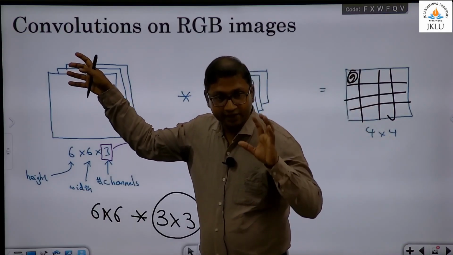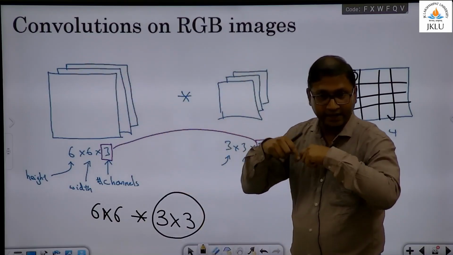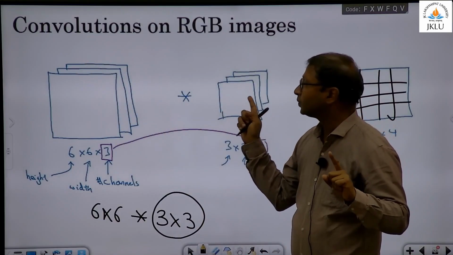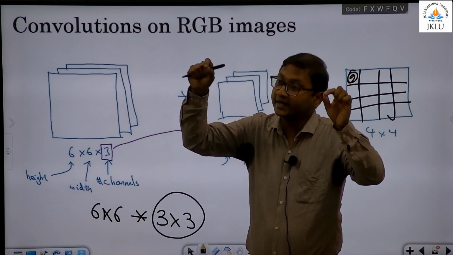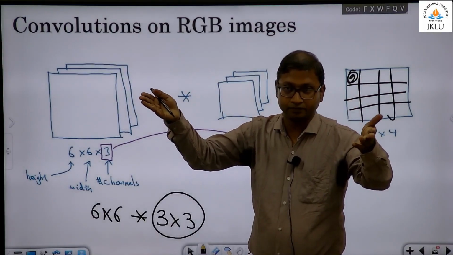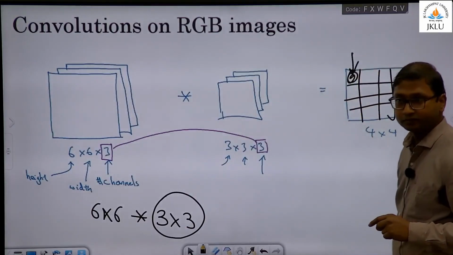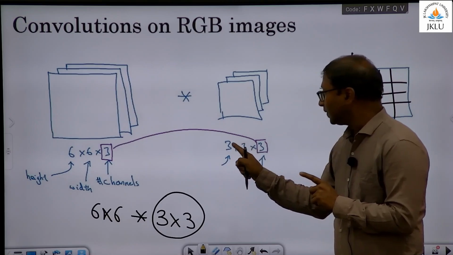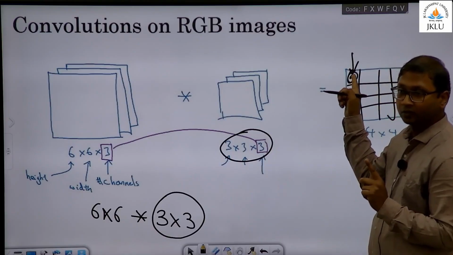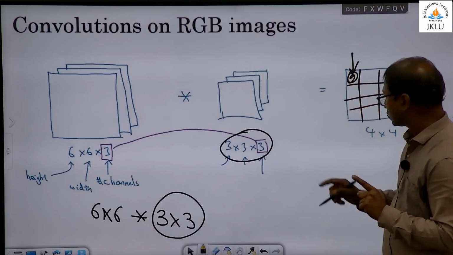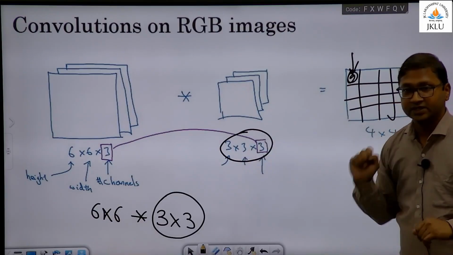I will have a 27-number volume here as well. Multiply all of them and add. So how many multiplications will we be doing for the first convolution? 27. How many numbers will be added? 27. And then you will get a final one number here. So you multiply 27 numbers to get 1. So the total number of multiplications will be output size cross filter size.